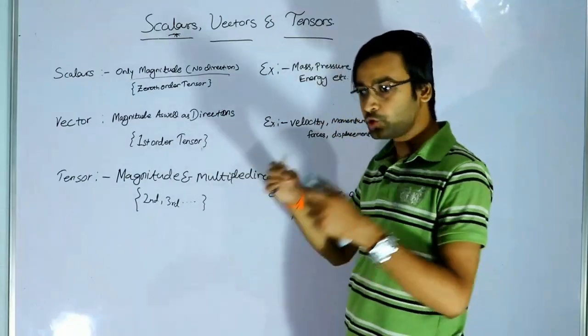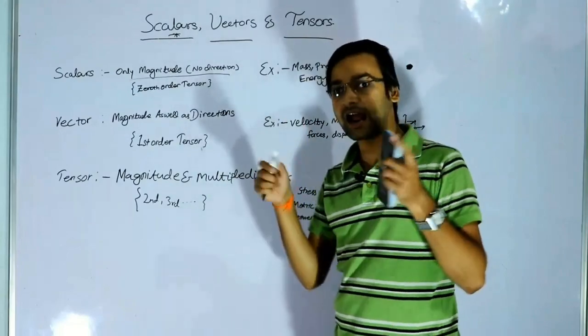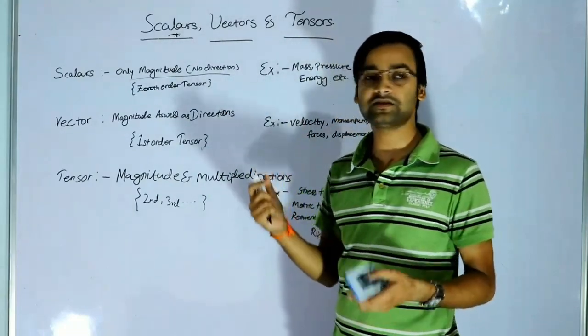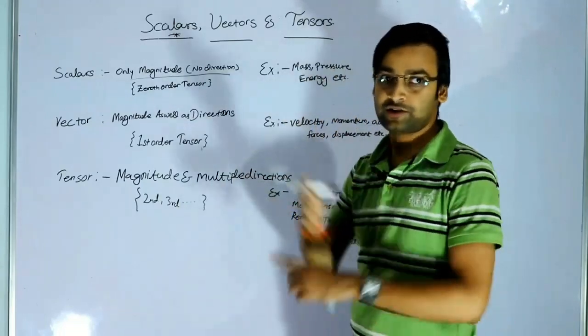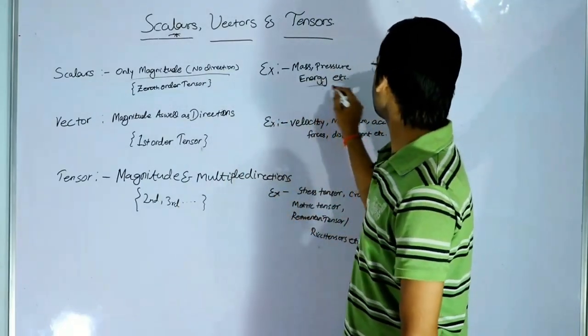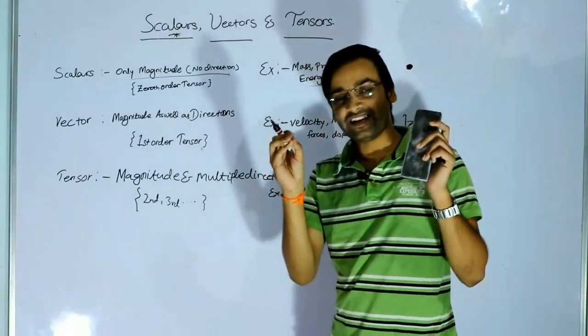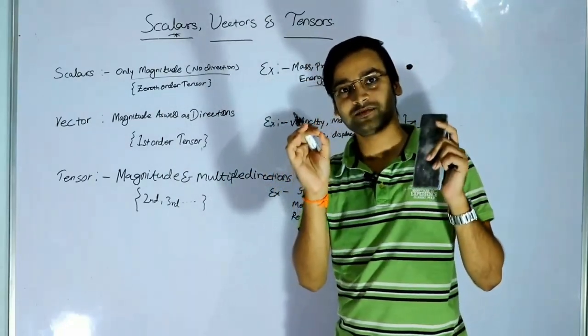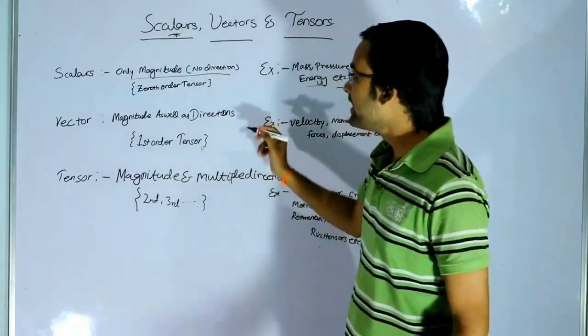Pressure, 2 atm pressure. My deodorant contains, suppose, 1 kg per square centimeter. That is the pressure, no direction. Energy, etc. Whatever has only one term, that is the magnitude of the quantity, is known as the scalar quantity.